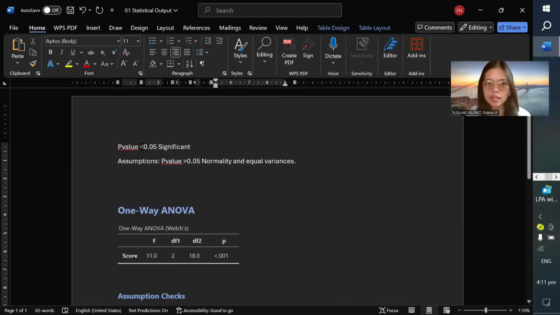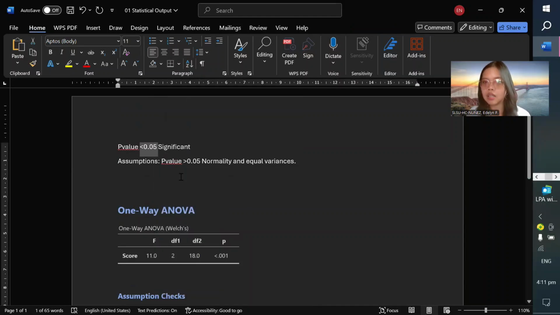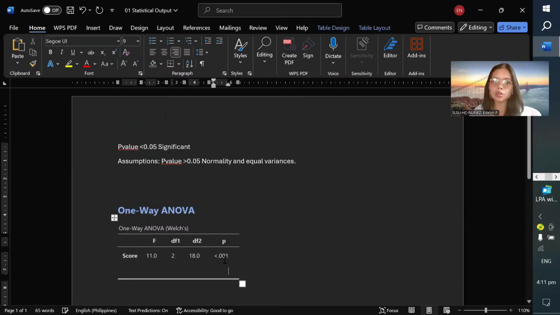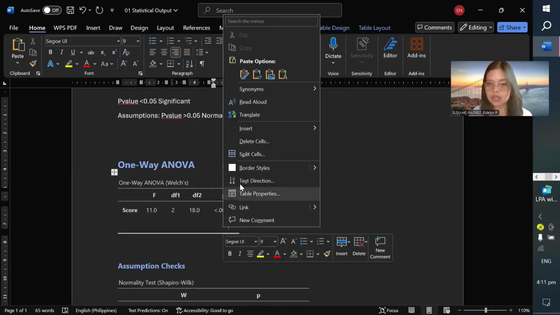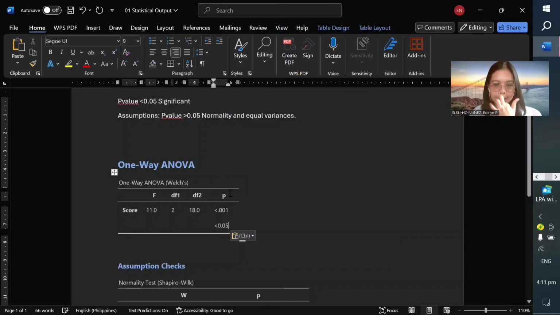In the test, we should have less than 0.05. If less than 0.05, therefore that is significant. We paste it here so that we can identify whether it is less than or greater than, because some of the students got confused. So we look at the decimal. This one is the decimal.